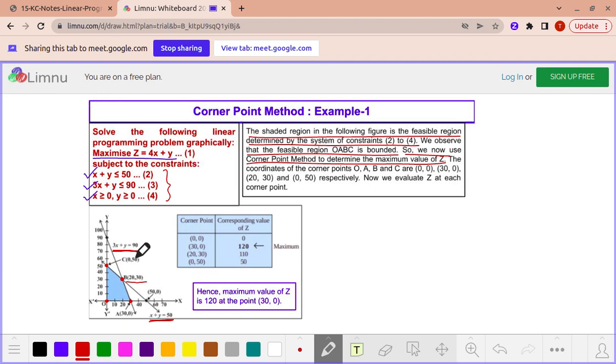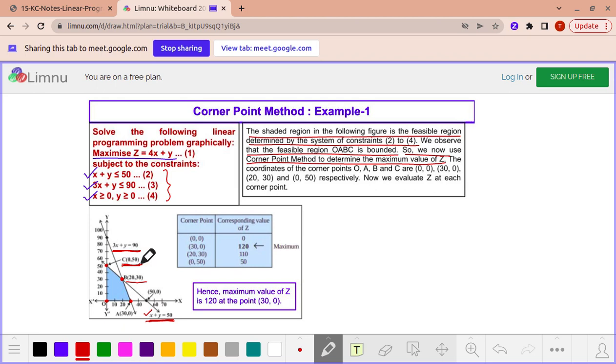We know that x plus y equal to 50 is the equation of the straight line, and point C on the y axis has x coordinate 0. So, in this equation we apply x equal to 0 and get y equal to 50. So, the coordinates of the point C are 0, 50.